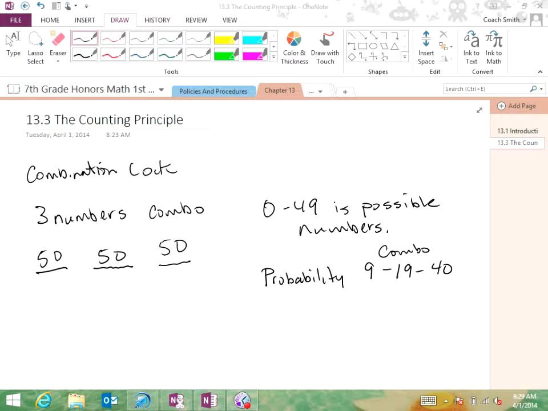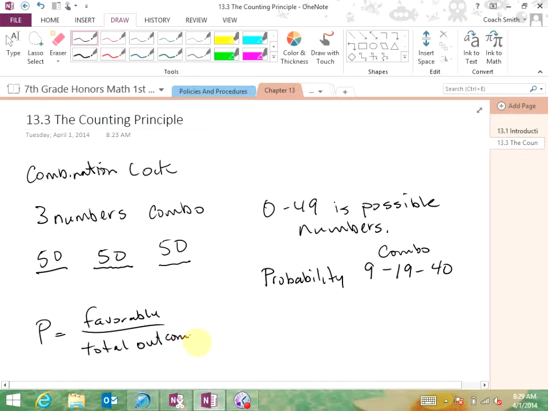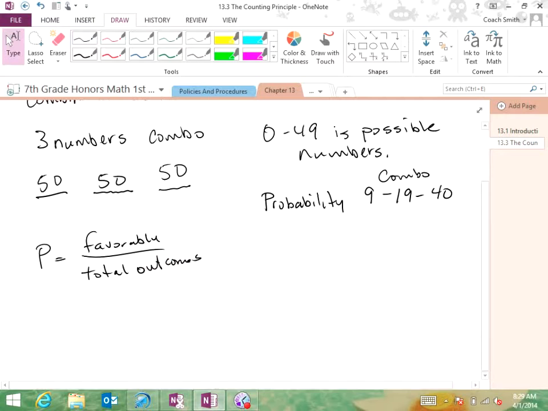To find our probability, we need favorable outcomes over total outcomes. Total outcomes is equal to 50 times 50 times 50.